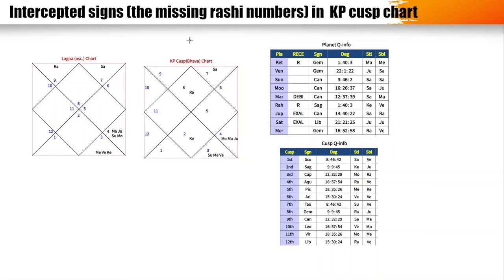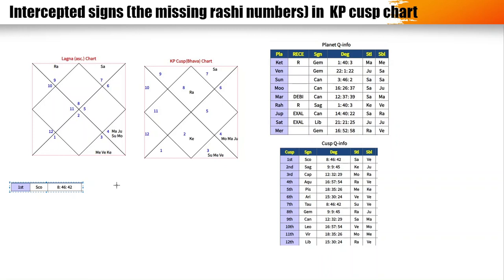We'll just take one or two examples. It's very easy actually. Let's look at cusp 1, which is also called the ascendant. One thing you must note is that in the Placidus cusp, the house span is not 30 degrees. It could be less or it could be more.